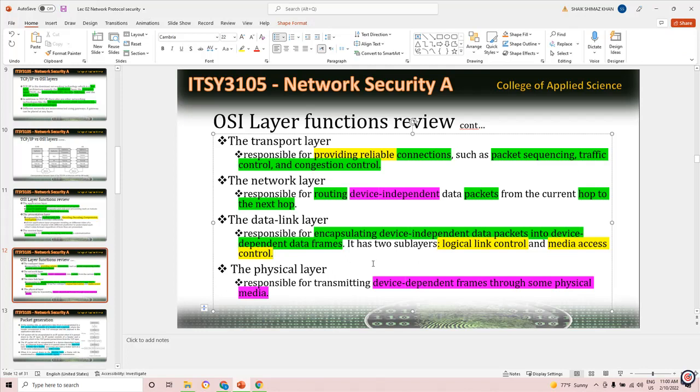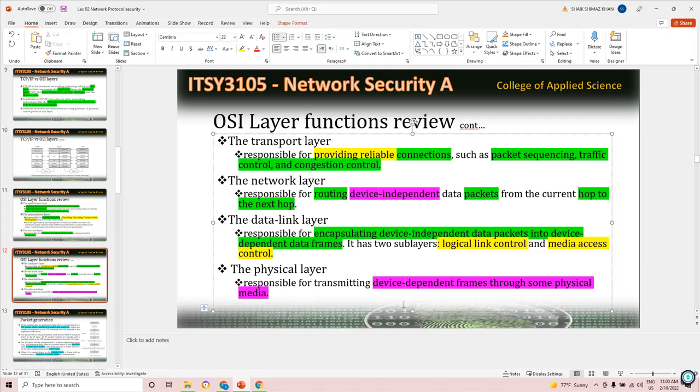Now finally, when the frame comes down to the physical layer, the device dependent frames are transmitted through some physical media, wireless media or wired media.